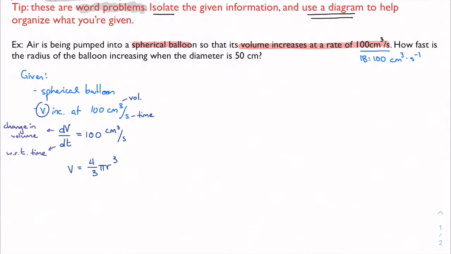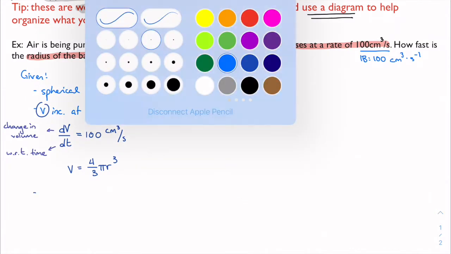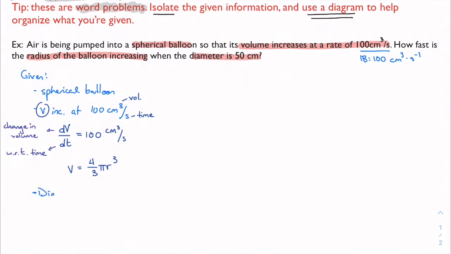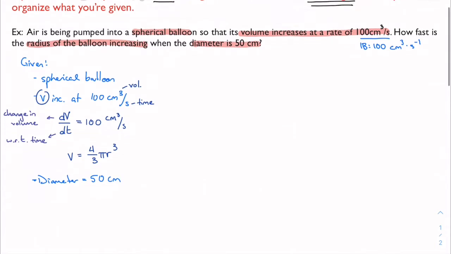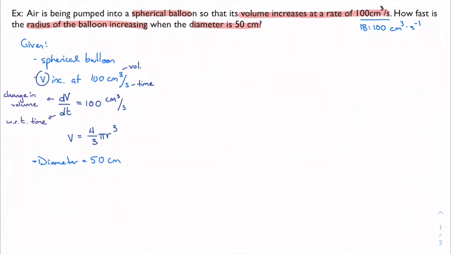Let's head back into the problem. How fast is the radius of the balloon increasing when the diameter is 50 centimeters? So a couple other pieces of information: I know that the diameter is 50 centimeters, and I'm being asked to find how fast, so I'll say the rate of change of radius.